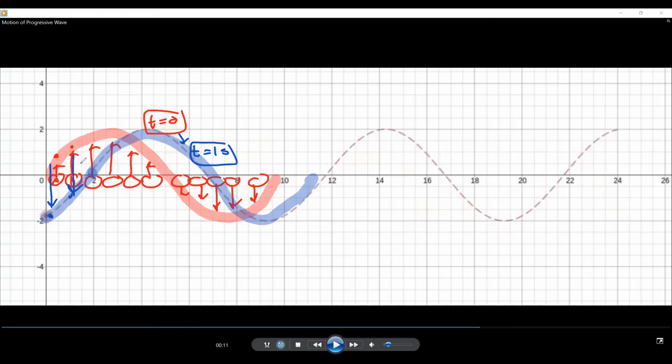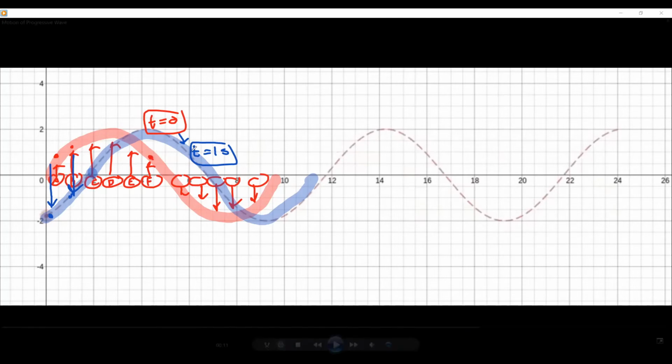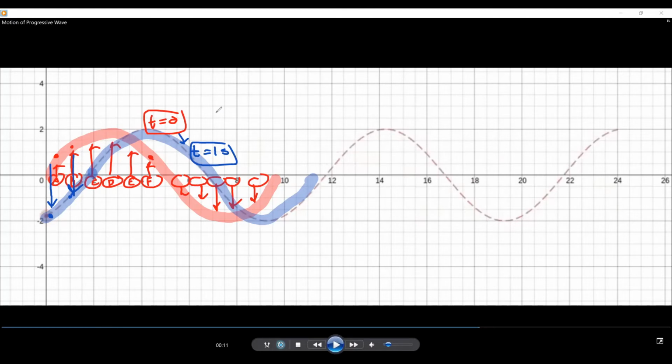It has moved downwards. Okay, and then if I make another separate example, let's just say particles A, B, C, D, E, and F. Particle F at t equals 0, it was here. At t equals 1 second, it is now here. So this particle has actually moved upwards.